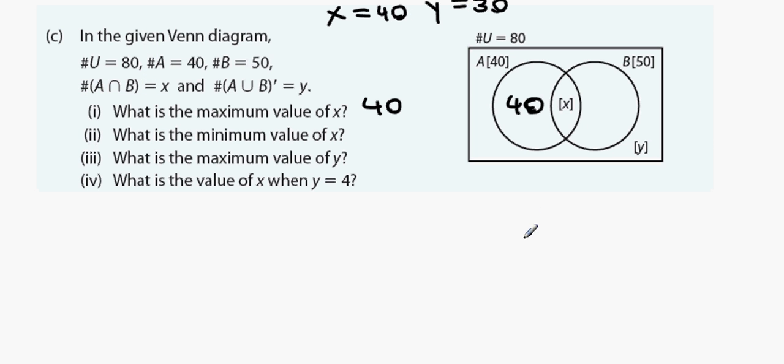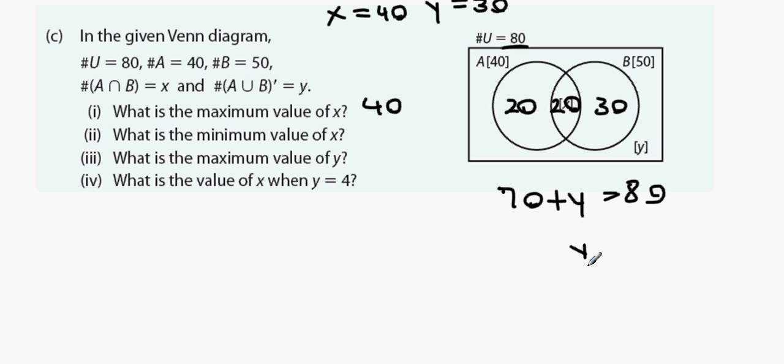So we can try putting Y equal to 0. If we were to increase the value of Y, or decrease the value of X, let's say X is equal to 20. If X was 20, that'd make A only 20, B only 30, and then all this once again has to add up to 80. So 20 plus 20 plus 30 is 70, plus Y equals 80. So therefore Y equals 10.